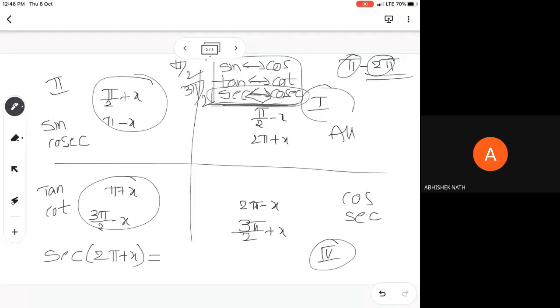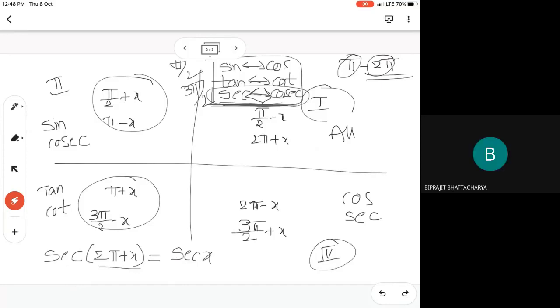Sir, sec x, secant x. Can you explain? First of all, sir, it is in the first quadrant. And then we know that if pi or a multiple of pi is there, then there will be no change, as you said before, sir. So just plus came here. Yes, sir, done.